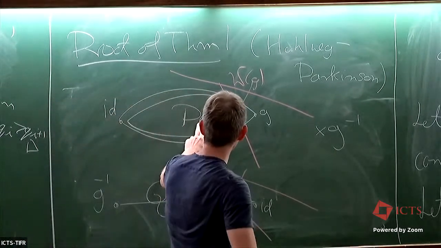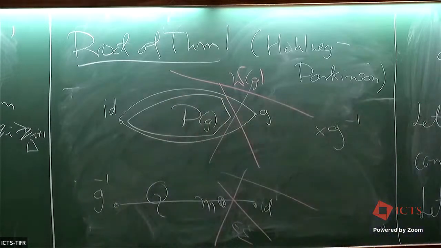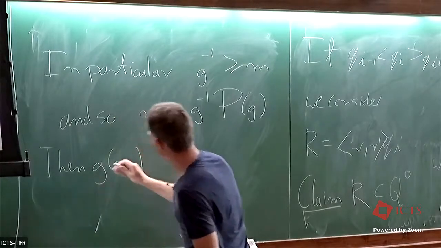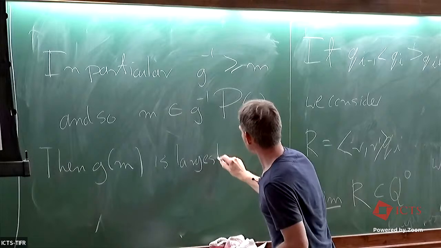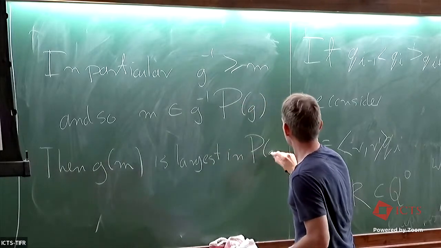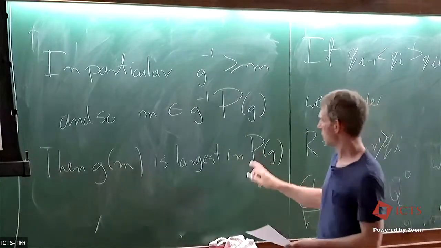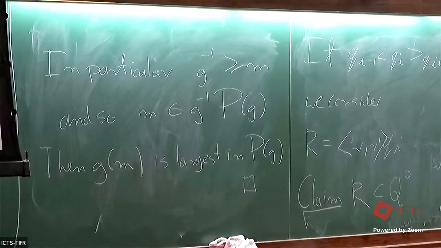So by definition of P of G, M is contained in the translate of P of G. And thus, if we translate M back by G, this is largest in P of G. Since M was smallest there, G of M is largest here. So this ends the proof of theorem 1.